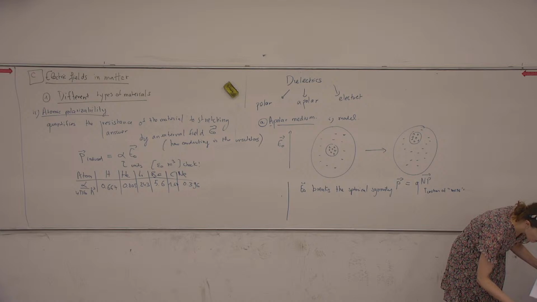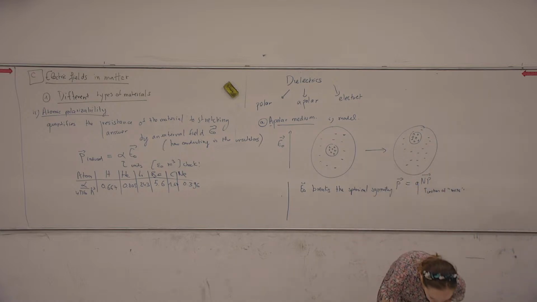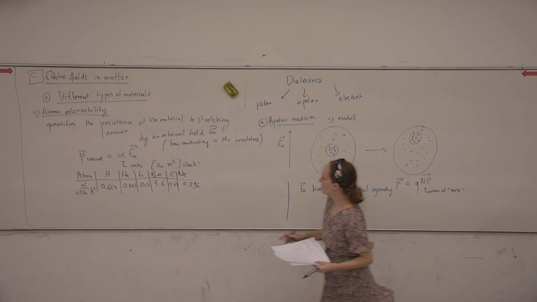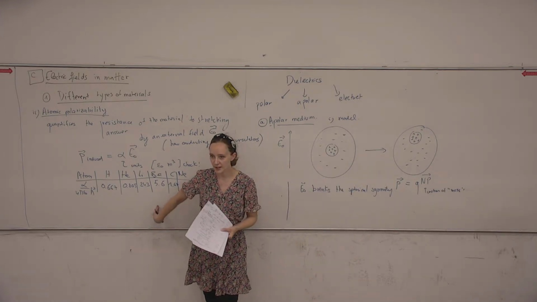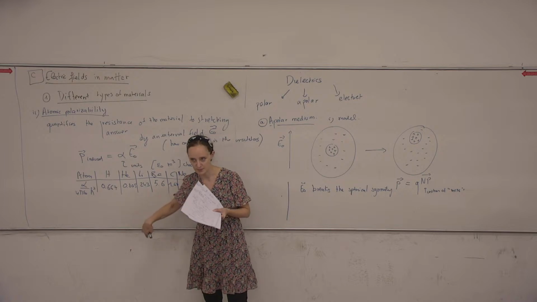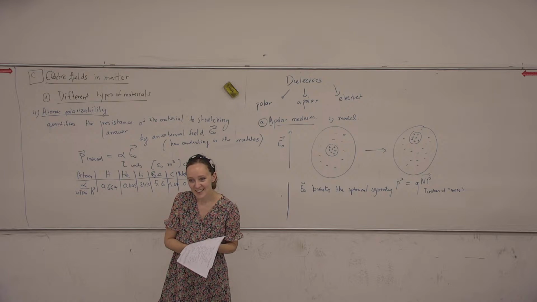What I want to do is check if we could, with this very simplistic model, get these numbers. How do we know it's proportional to the field?